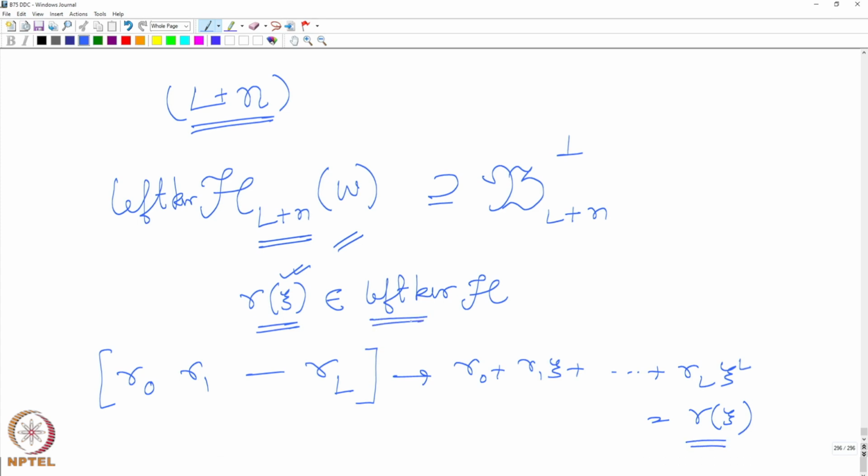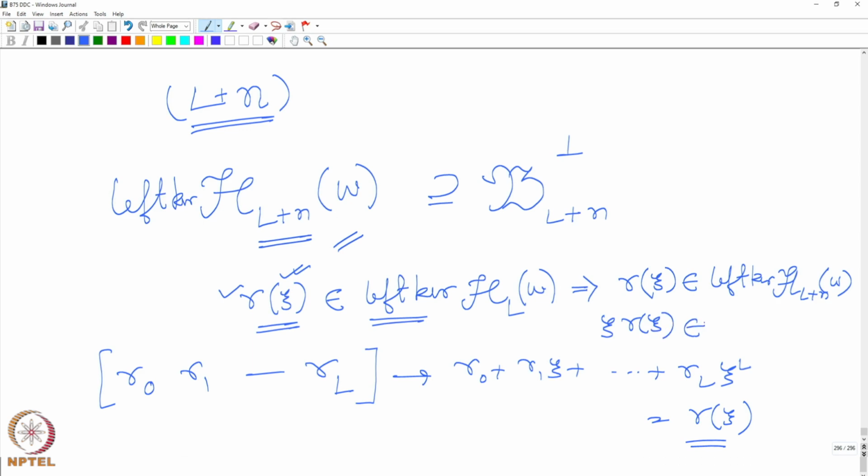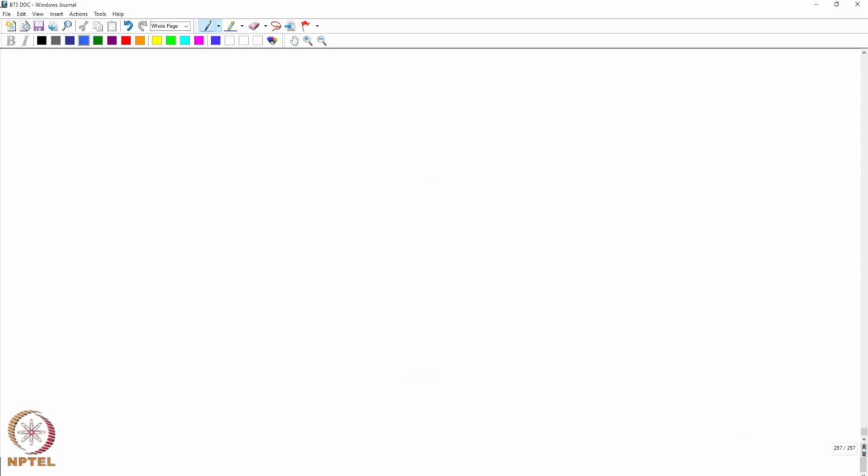Because R xi is in the left kernel of H_L(W), it follows that R xi will also be in the left kernel of H_{L+n}(W). Not just that, xi R xi will also be here, up to xi to the power n R xi.